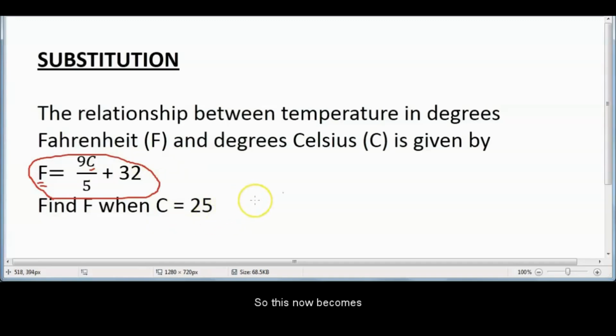So this now becomes F is equal to 9 multiplied by 25 instead of C, all over 5, plus 32.